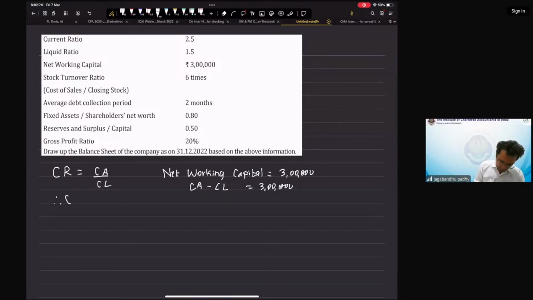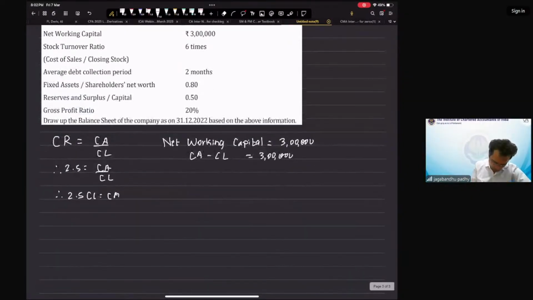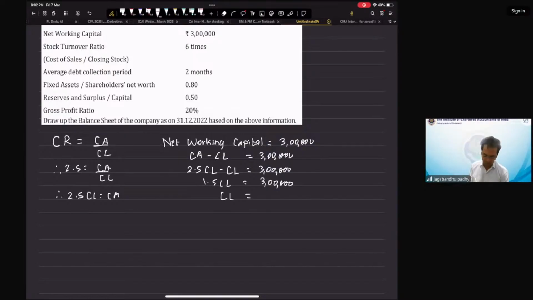Since the current ratio is 2.5, 2.5 times current liability is equal to current asset. Current asset is 2.5 times of current liability, minus current liability is 3 lakh. 1.5 times of current liability is 3 lakh. Then current liability amounts to 2 lakh.